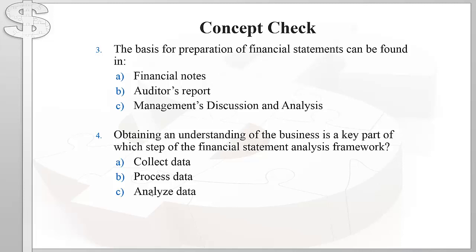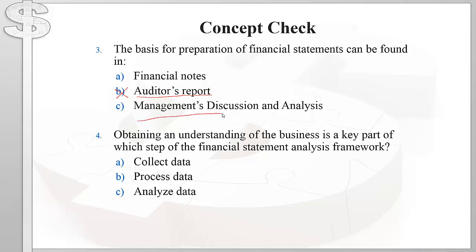Next question. The basis for preparation of financial statements can be found in, well, as we saw earlier, the auditor's report provides credibility to the financial statements. It tells us whether the financial statements are reliable or not. It does not talk about the basis for preparation.